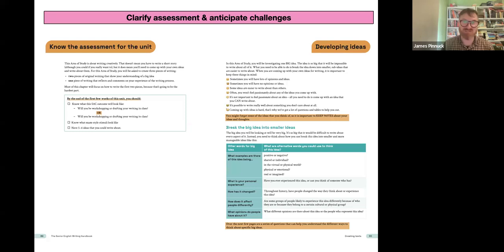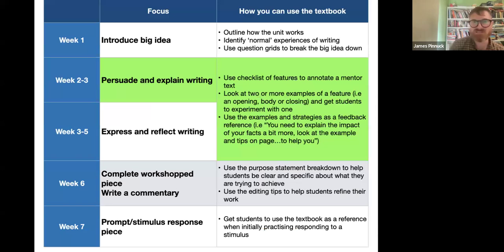All of these are normal experiences, and if we anticipate them, kids can move past them without seeing them as major hurdles that completely block their progress. Okay, in addition to that, in the first section of the textbook is also a whole range of question grids that will help you break the big idea down into smaller ideas, and they carry over from the current 4th edition.